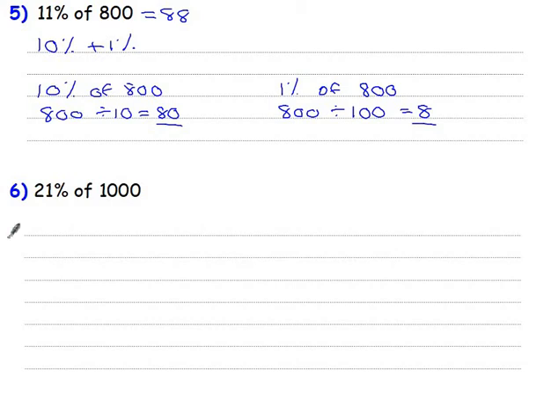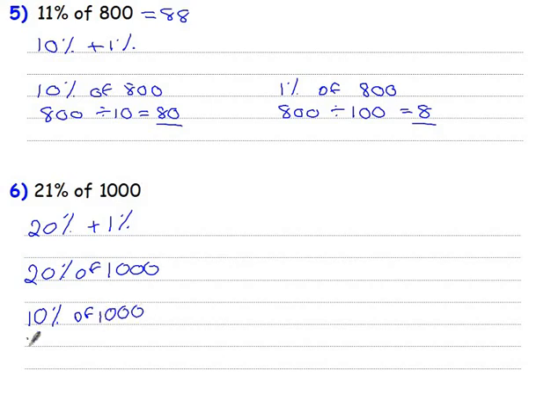Okay, so the next question is asking us to find 21% of 1000. Now 21% is made up of 20% and 1%. So again, first thing we need to do, let's work out 20% of 1000. And to find 20%, we first do 10% of 1000. So it's 1000 divided by 10 is 100.